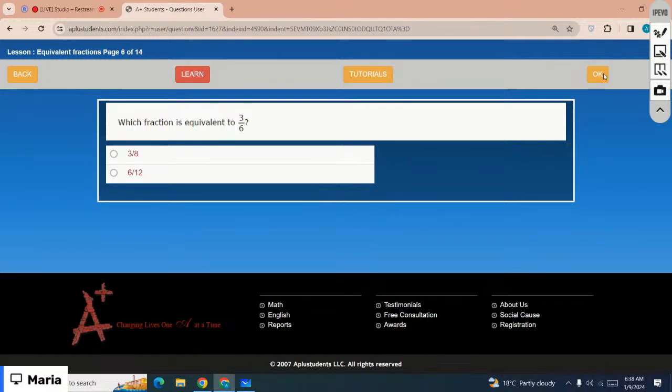Which fraction is equivalent to 3 over 6?